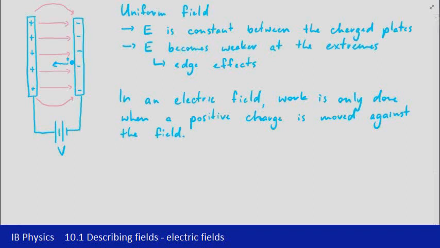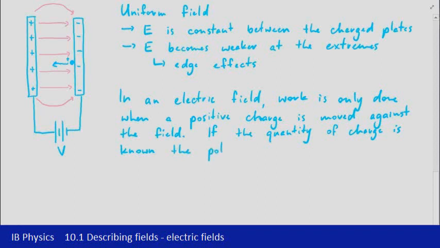If we know the quantity of that charge, we can then figure out what the potential difference is. So I'll just make that note. If the quantity of charge is known, we can then determine what the potential difference is as we move through that field.